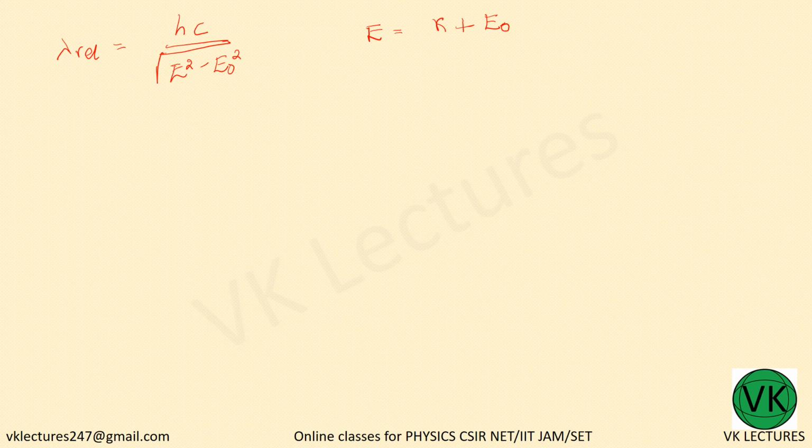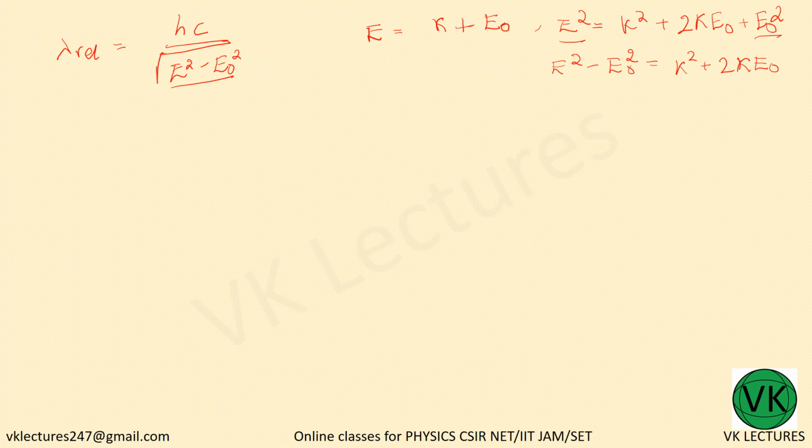Then the square of the total energy is E square is equal to k square plus 2k E naught plus E naught square. What we want here is E square minus E naught square, which is equal to k square plus 2k E naught, where k is the kinetic energy and E naught is the rest mass energy.